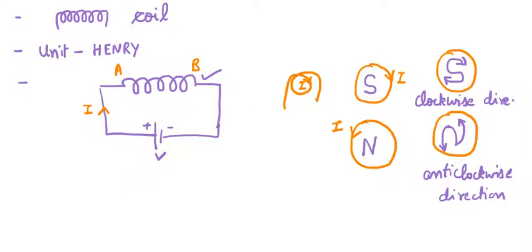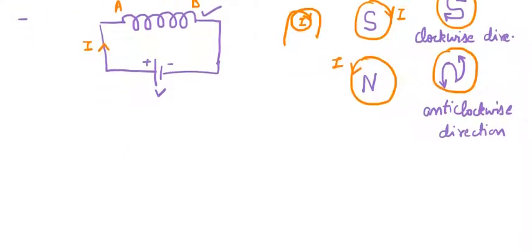Now we know that magnetic field travels from north pole to south pole of a magnet.